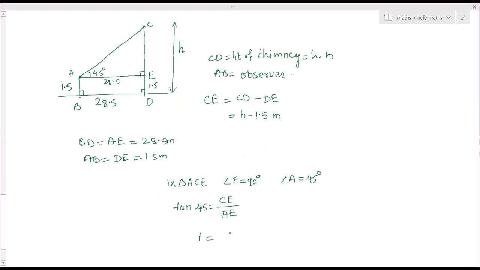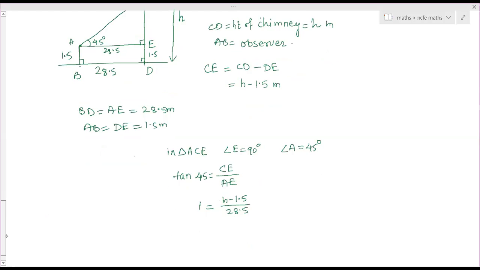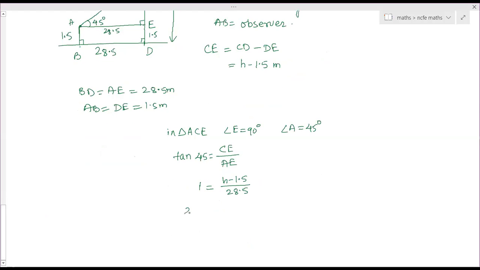Tan 45 is 1. That is equal to H minus 1.5 divided by 28.5. So cross multiply. 28.5 is equal to H minus 1.5. So H is equal to 28.5 plus 1.5, that is 30 meters. So height of the chimney is 30 meters.